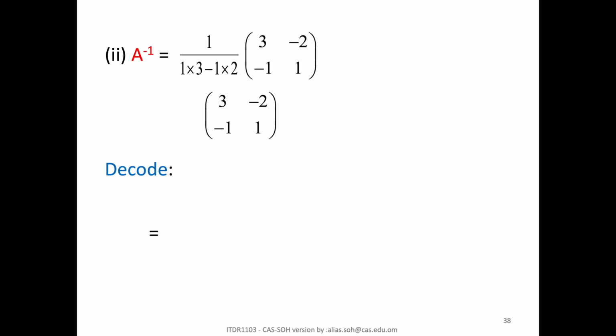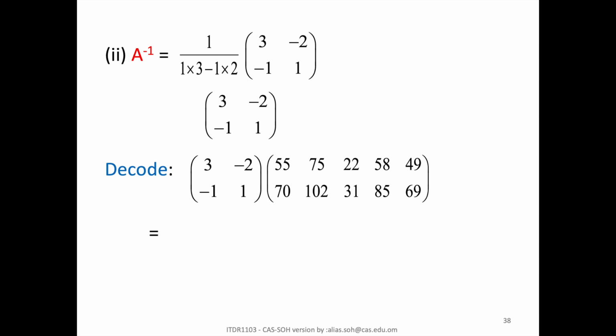Alright? For decoding, we need to find first the inverse, and finding the inverse is 1 over determinant, exchanging the leading numbers and changing the sign of the rest of the elements, and we got this inverse.